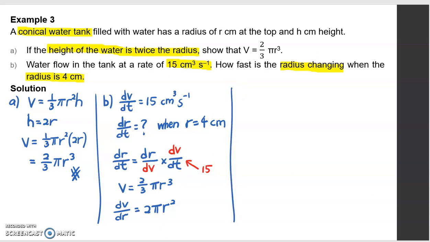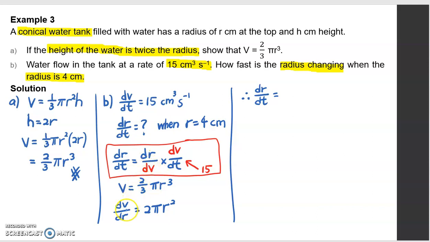So again, let's highlight this part. From what we have here, dr over dt. Therefore, dr over dt is equal to dr over dV times dV over dt.